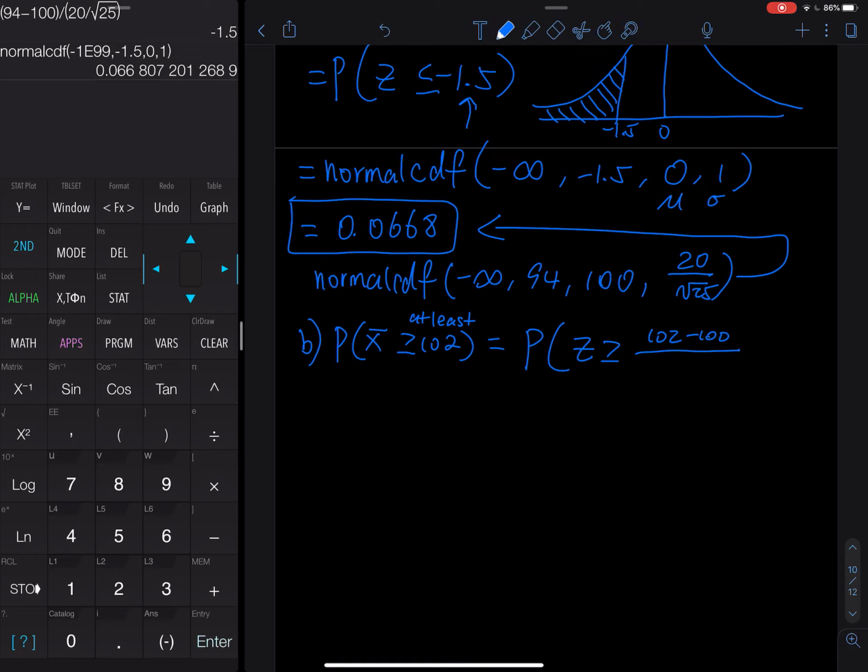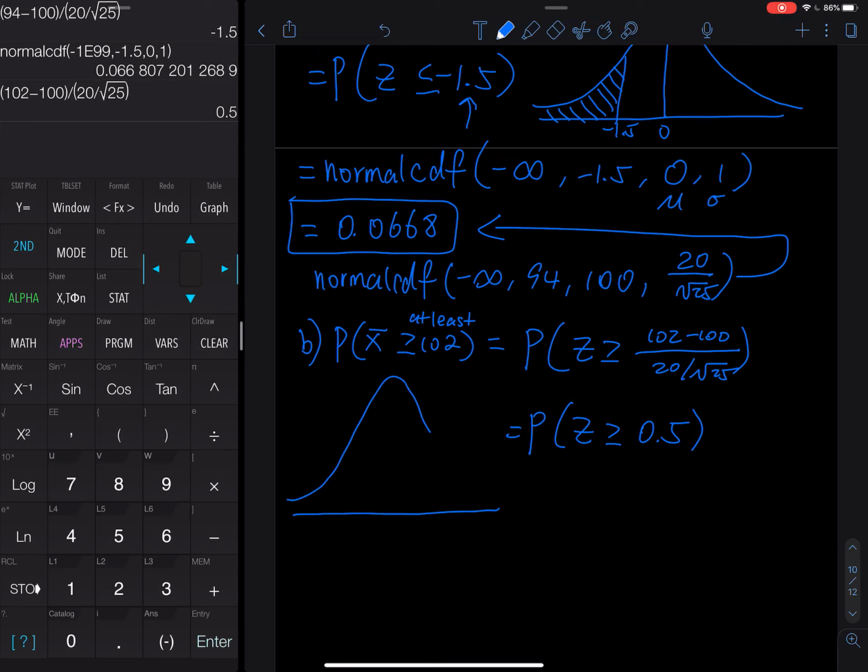Divided by sigma over square root of n, and then you have a standardized 102 minus 100 divided by... be careful with the parenthesis, because if you mess this up, then the whole problem is messed up. That gives 0.5.